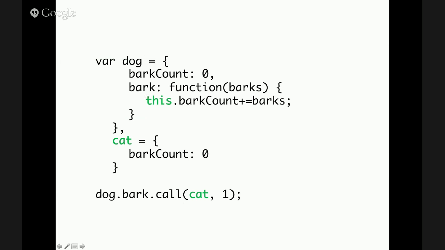So here I have dog.bark again, and now I'm creating a cat with, for some reason, a bark count property. What I can do is I can say call the dog bark function, but so that this, when this function is run, is going to be the cat, and I want to pass it a single argument, as barks is 1.